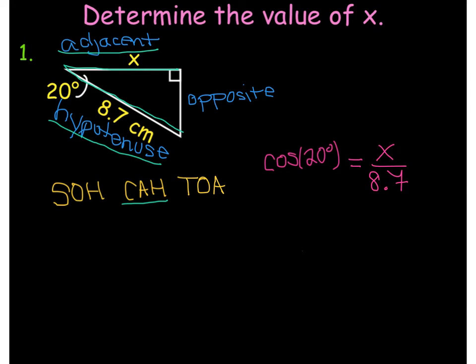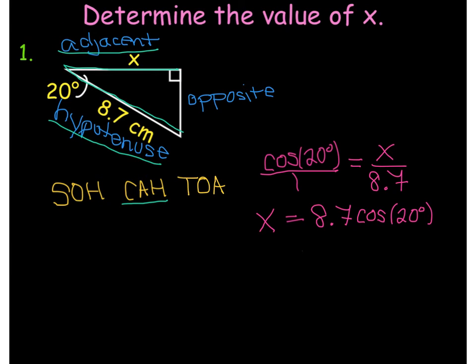And then I go ahead and put cosine of 20 degrees over 1 so that I have a nice proportion to solve here. And now I'm ready to cross multiply. So I'm going to do 1 times x, which is just x. And then that's going to be equal to 8.7 times the cosine of 20 degrees.